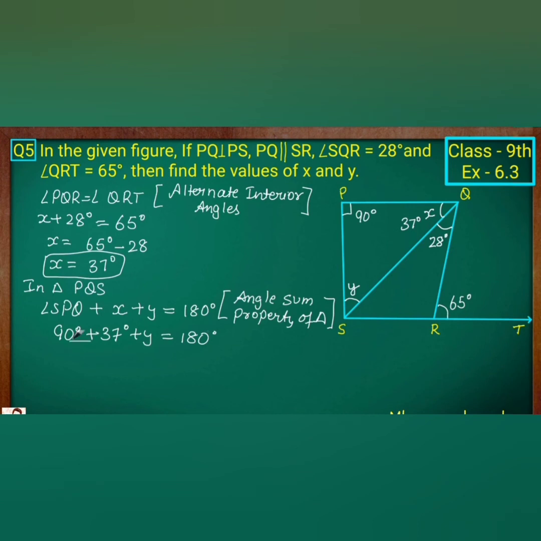Now you have to find the value of y. 90 degree plus 37 degree, 127 degree plus y equal to 180 degree. So y equal to 180 degree minus 127 degree. Just subtract this value. y equal to 180 minus 127 degree equal to, yes, 53 degree. That's it.